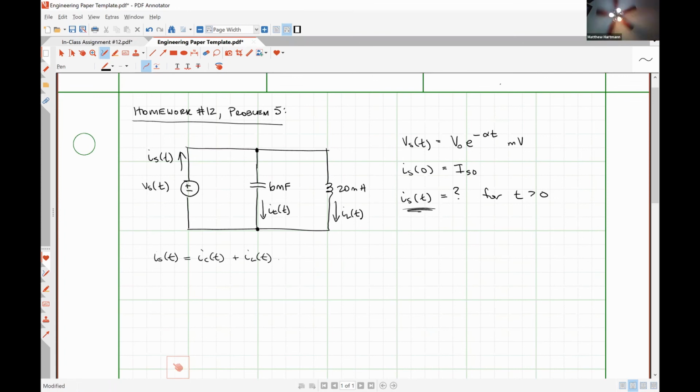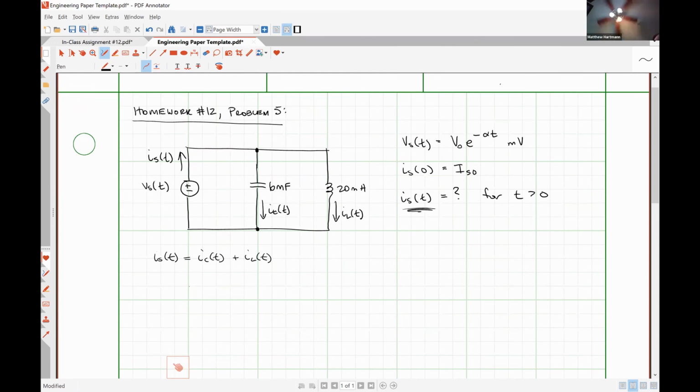The problem that I have here is now I have one equation with effectively 3 unknowns, but since all of our circuit elements are in parallel, I can express the current flowing through the capacitor in terms of our known voltage Vs of t, and I can express the current flowing through our inductor, at least partially, in terms of our known voltage Vs of t by using the relationships that have been developed for the last 2 lectures.